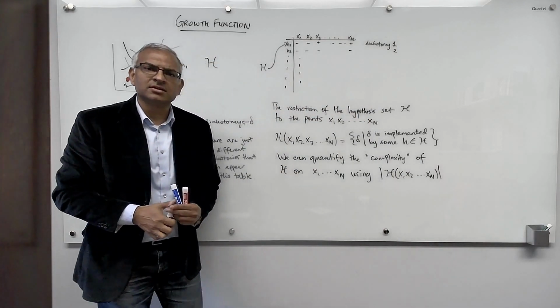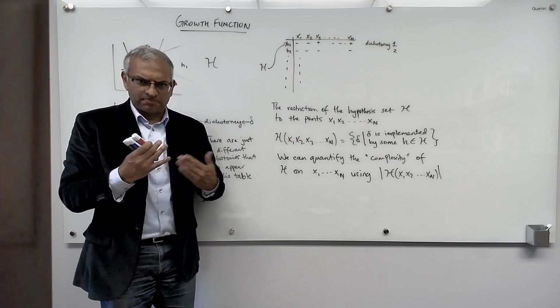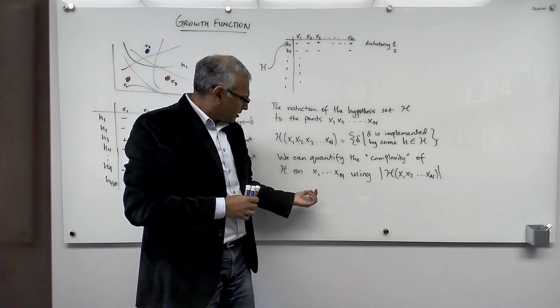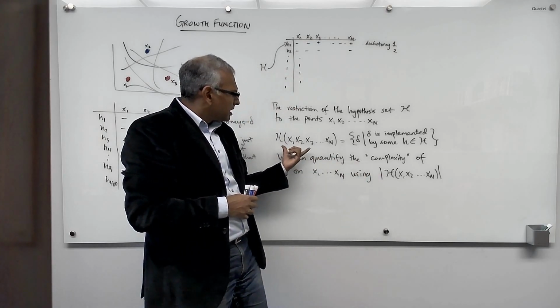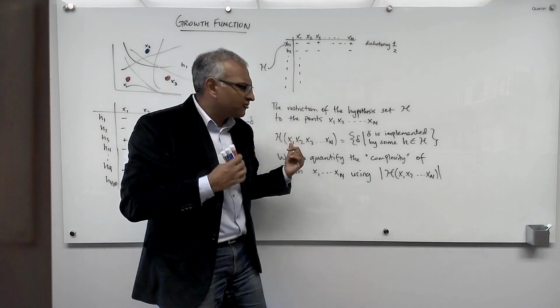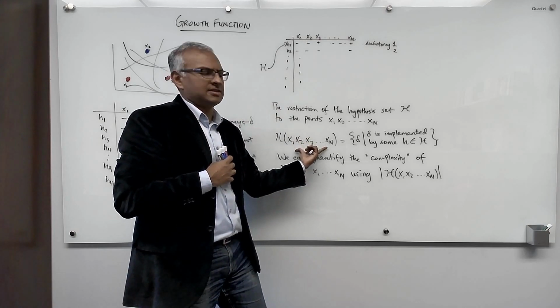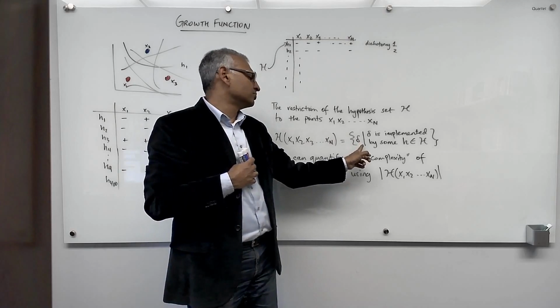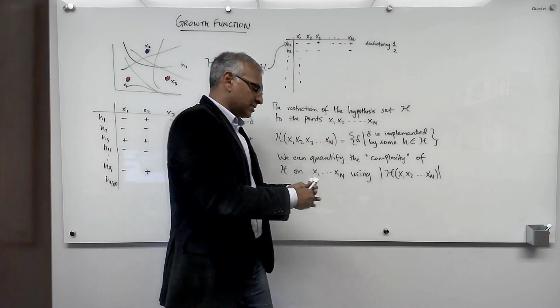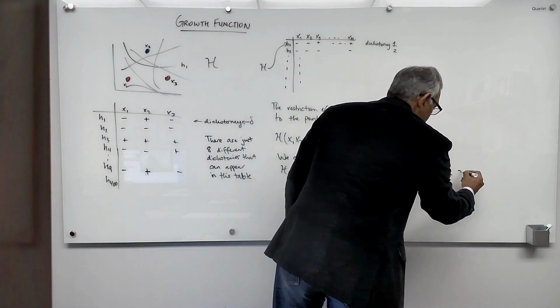So the size of a hypothesis set still plays a role, but it is the effective number of functions you can implement on a set. Since there are at most 2 to the n dichotomies on x1 to xn, this is at most 2 to the n.